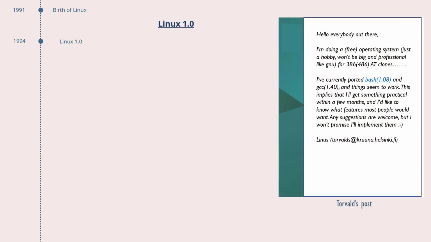Can you believe it? Let's move ahead to 1994. This was a letter that Linus Torvalds posted in a popular Usenet news group back then. Go ahead and pause this video and read the letter. It is fun to read. You will get to know how Linux started in such a humble and modest way.